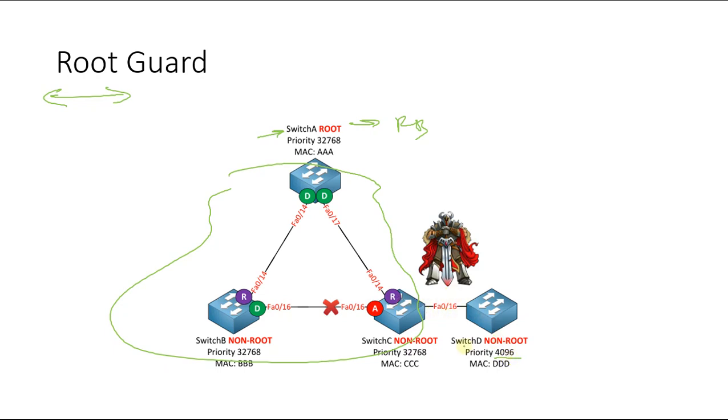To prevent this switch D from becoming the root bridge, we must configure the interface 0/16 on switch C with root guard. We must enable this on that interface, because if we do not configure root guard on it, switch D will become the root bridge.